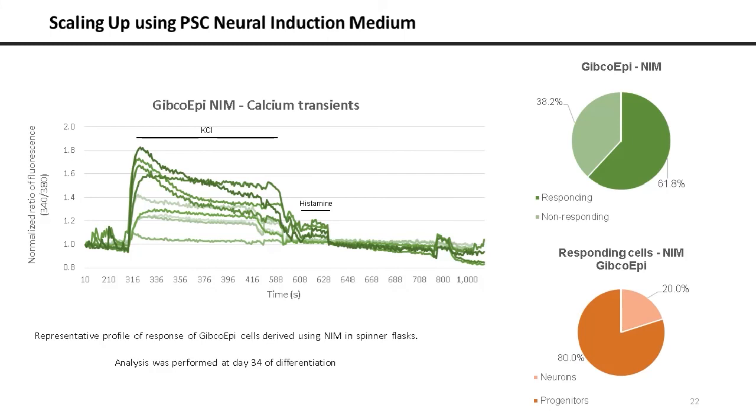So this neural induction medium allows us to have large numbers of neural precursor cells that are able to differentiate into fully functional neurons.